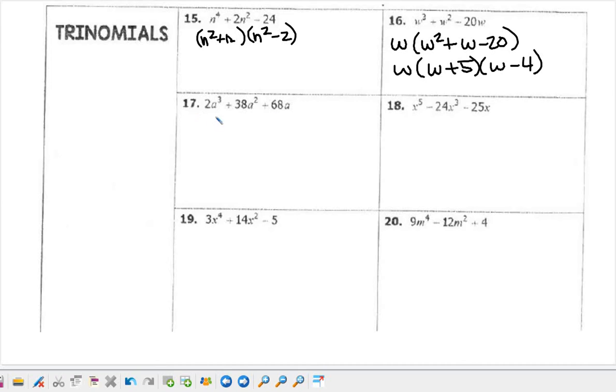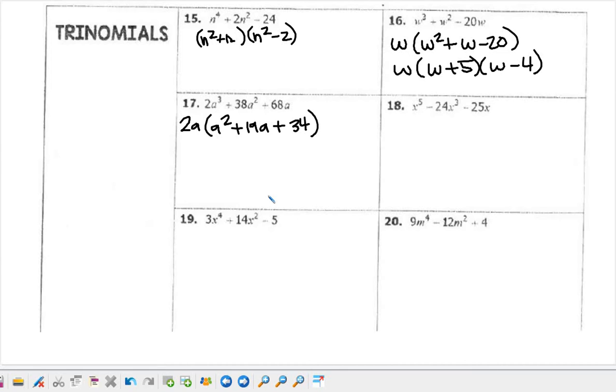Number 17, again, we have that trinomial cubic. We don't know how to do anything with a trinomial cubic, so we're going to factor out a GCF of 2a. So we have a squared plus 19a plus 34. Okay, so we need to figure out the factors of 34.